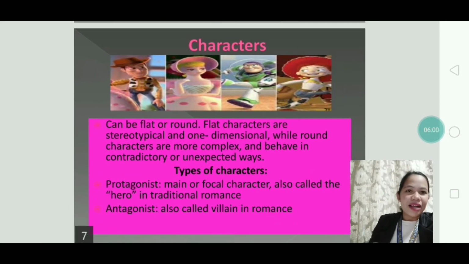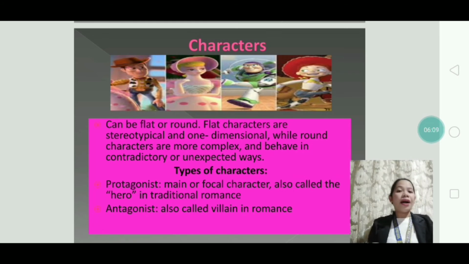Now, next, we have the characters. Characters can be flat or round. Flat characters are stereotypical and one-dimensional, while round characters are more complex and behave in contradictory or unexpected ways.